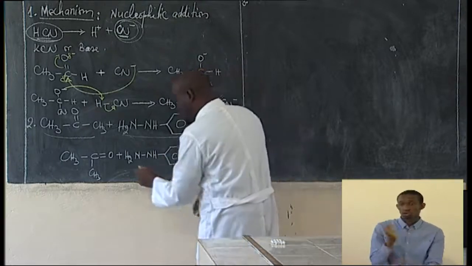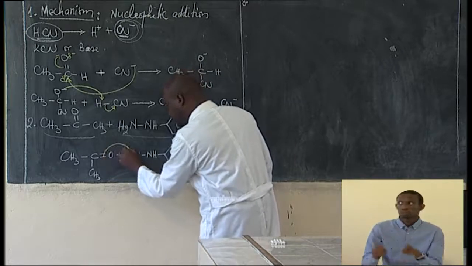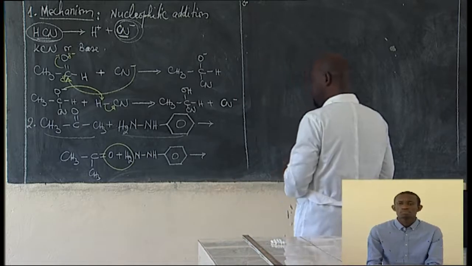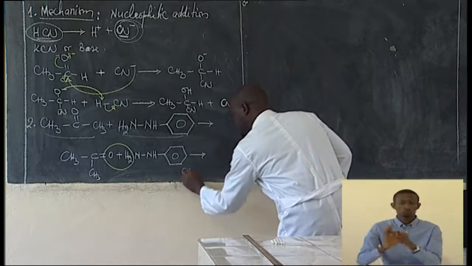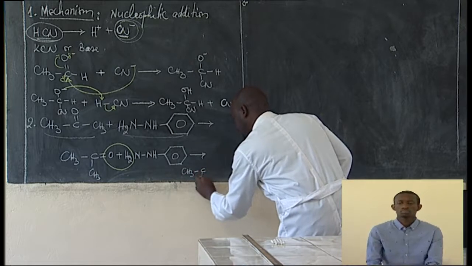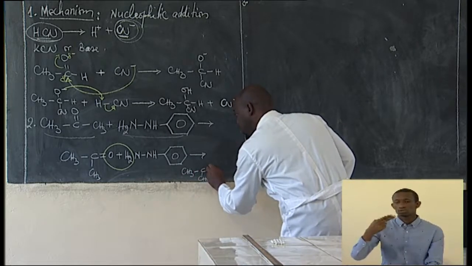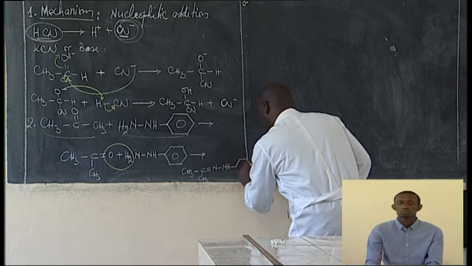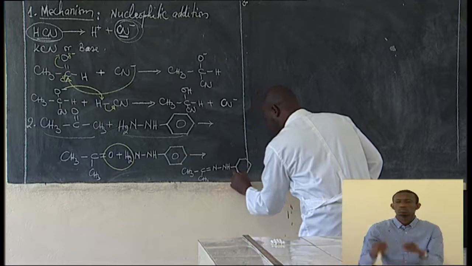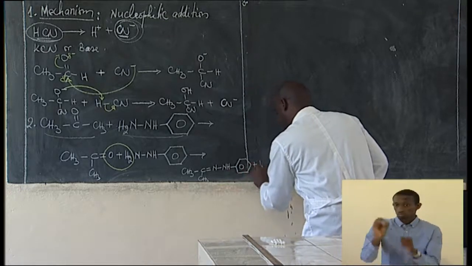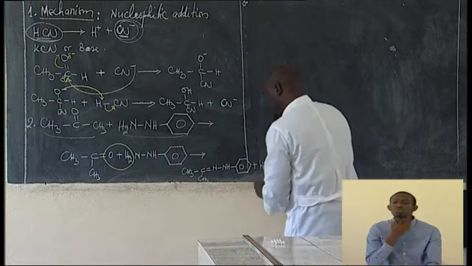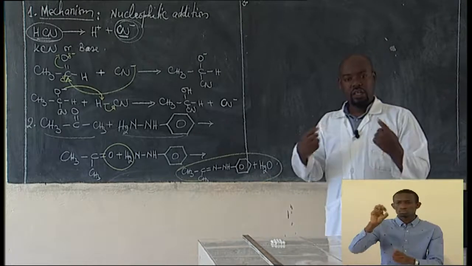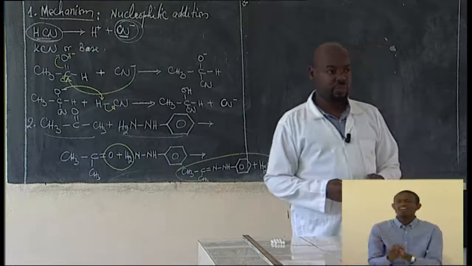I've written it like this because I want to show you how a water molecule will be removed and we produce CH3C(CH3)=N-NH with the ring, along with a water molecule. So these are the products from our condensation reaction.